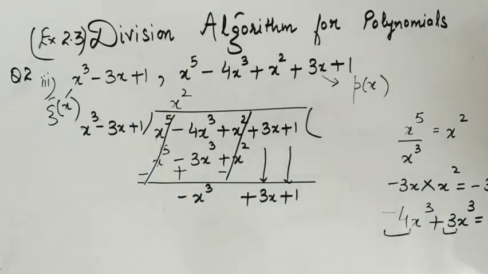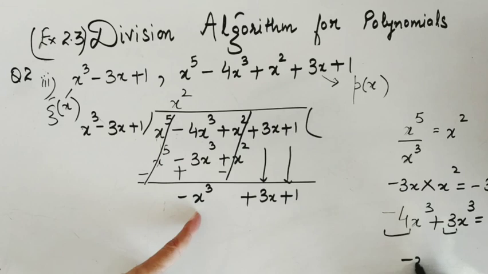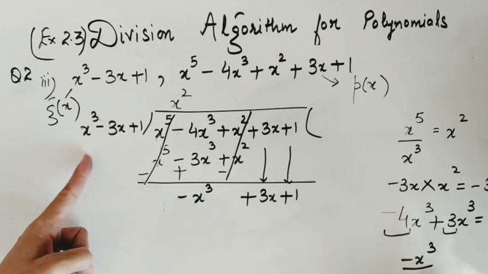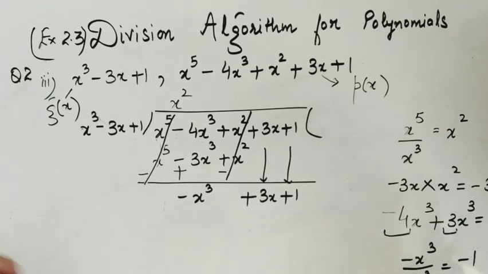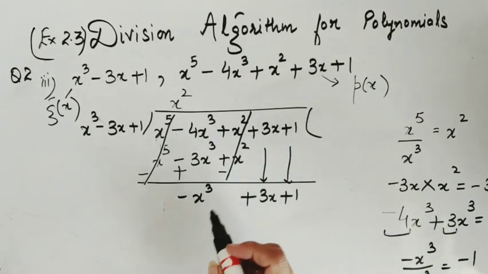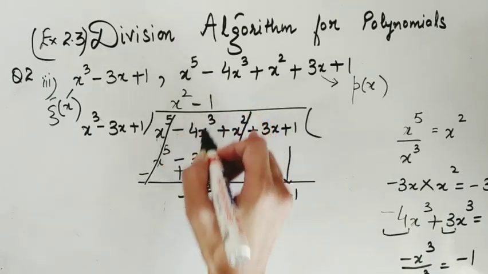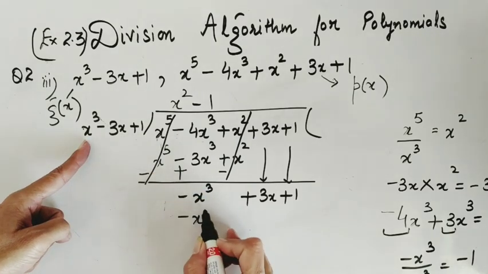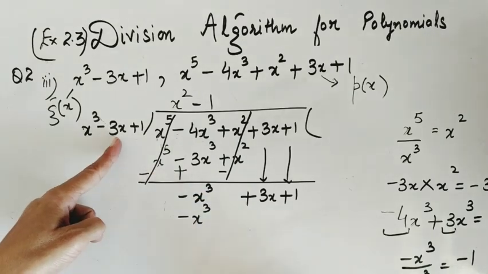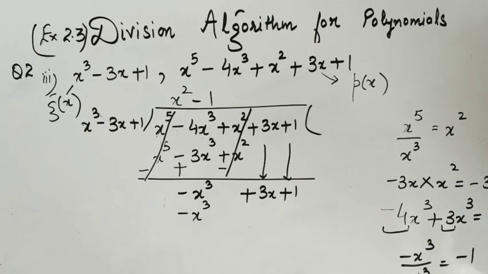Look at the first term. This is x cube with negative. This is x cube with positive. So what should I do? Minus x cube when divided by x cube, first term by first term, is minus 1. So what we require in the quotient is minus 1. So minus 1 into x cube would be minus x cube.